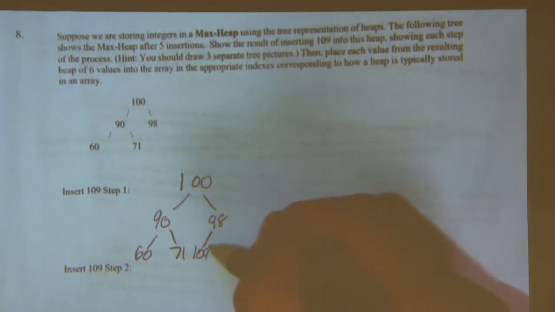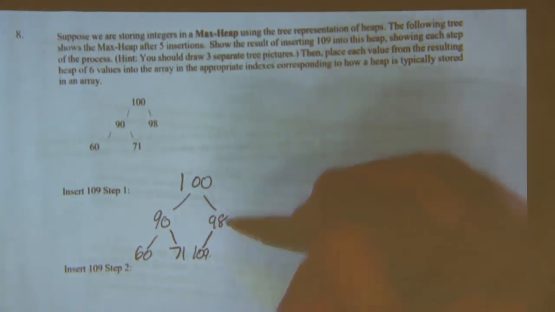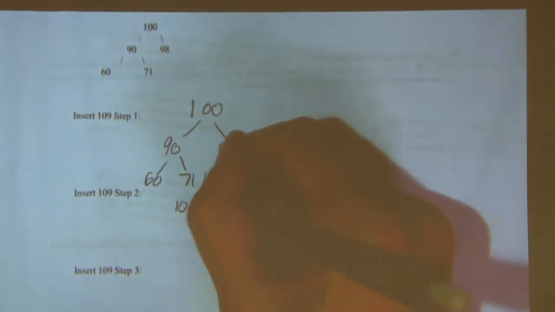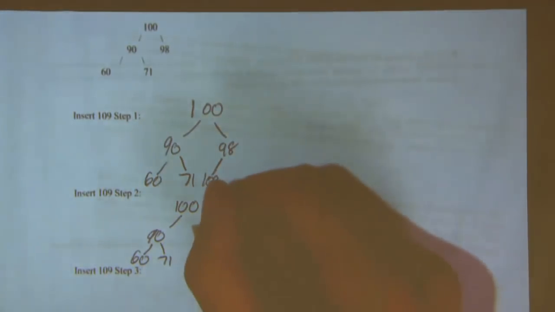We see that 109 is greater than 98, so we need to swap those. So our second step would be to do a 100, and then this side is the same. And then we swap these two things, so we get a 109 on the right here and a 98 on the left.